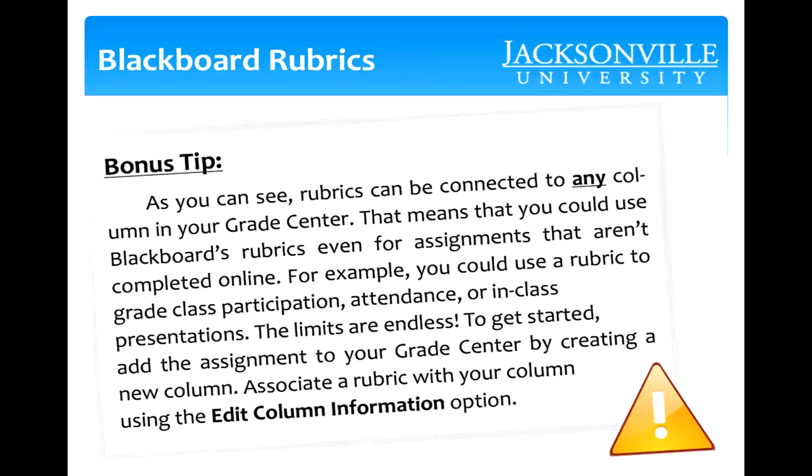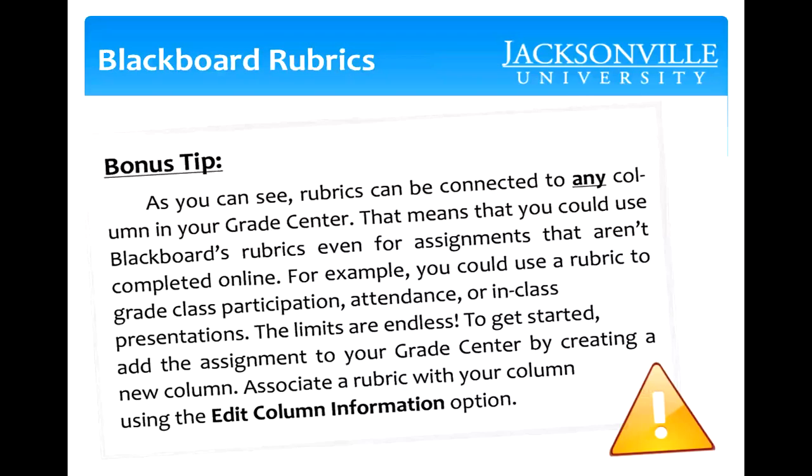Just a bonus tip. As you can see, rubrics can be connected to any column in your grade center. That means that you could also use Blackboard's rubrics even for assignments that aren't completed online. For example, you could use a rubric to grade class participation, attendance, or in-class presentations. So the limits are endless.